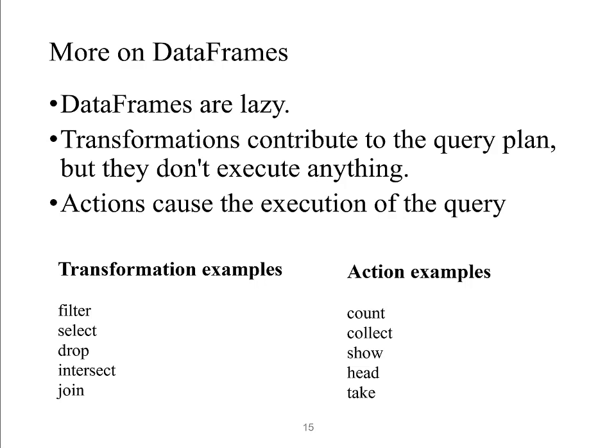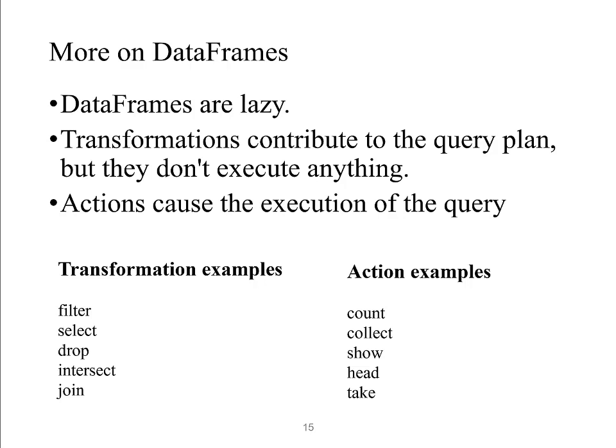So here are some examples of commonly used transformations and actions in the data frame API. For transformations, we have filter, which is more like a where in SQL. Select is select. Drop, intersect and join.